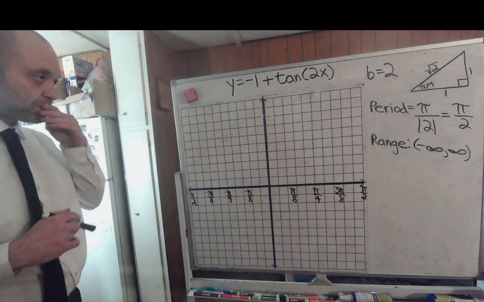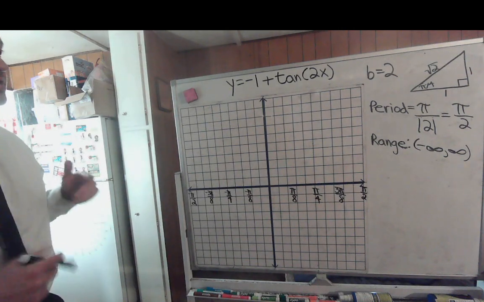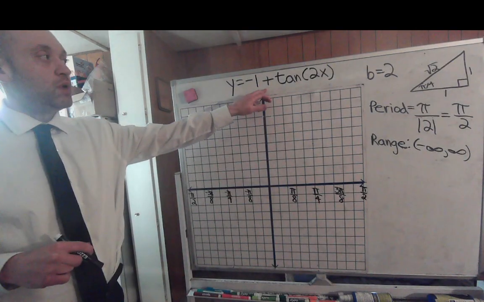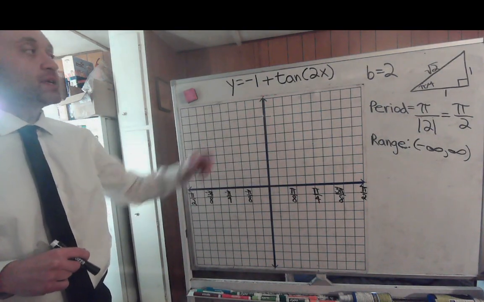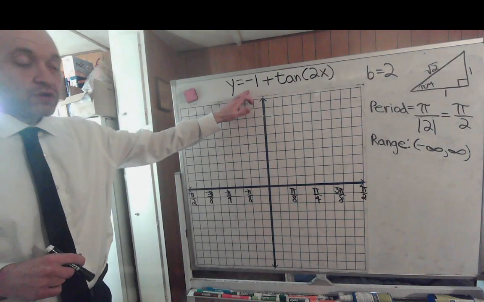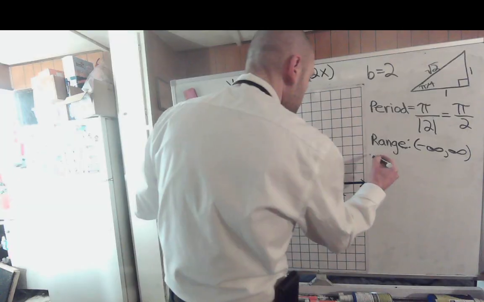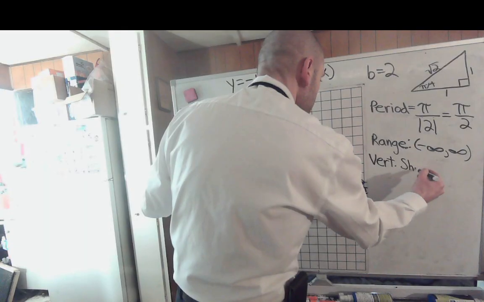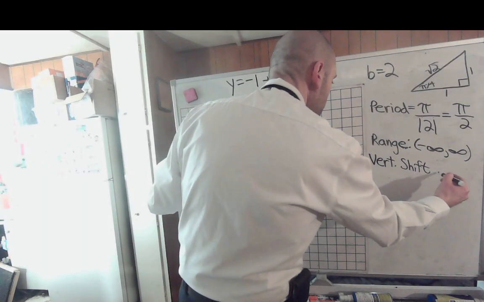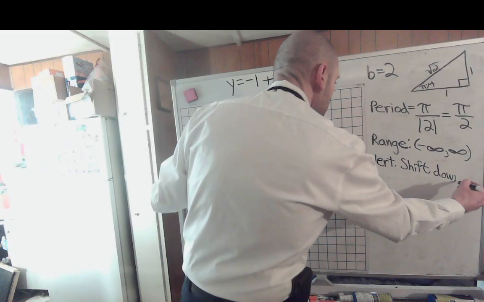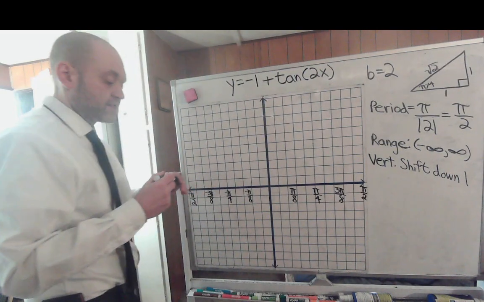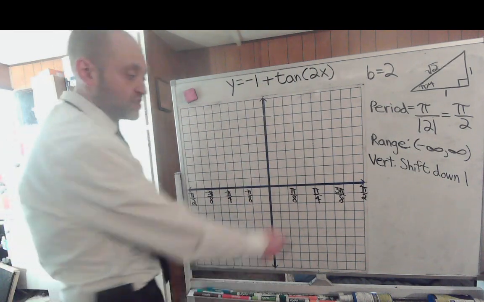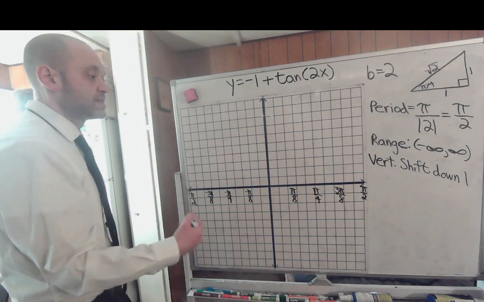Now, let's look at something here. We have a negative 1 plus the tangent of 2x. What does that mean? We have a vertical shift down 1 unit, which will not affect our range since it's negative infinity to infinity, but it's going to affect certain values at certain points.